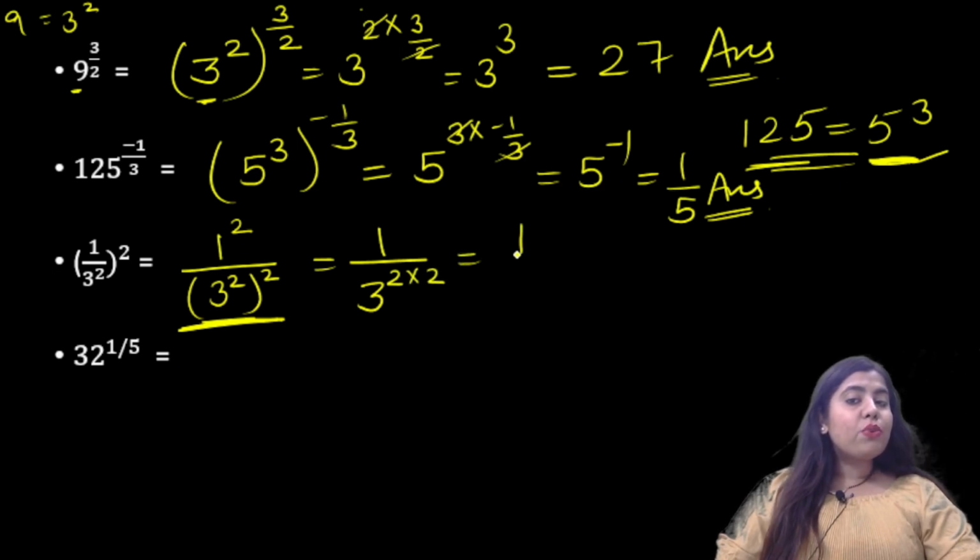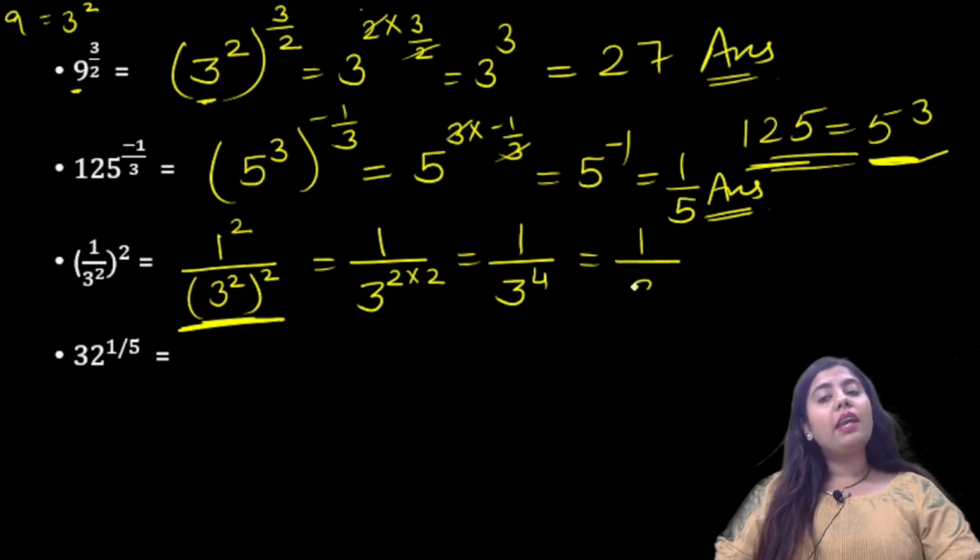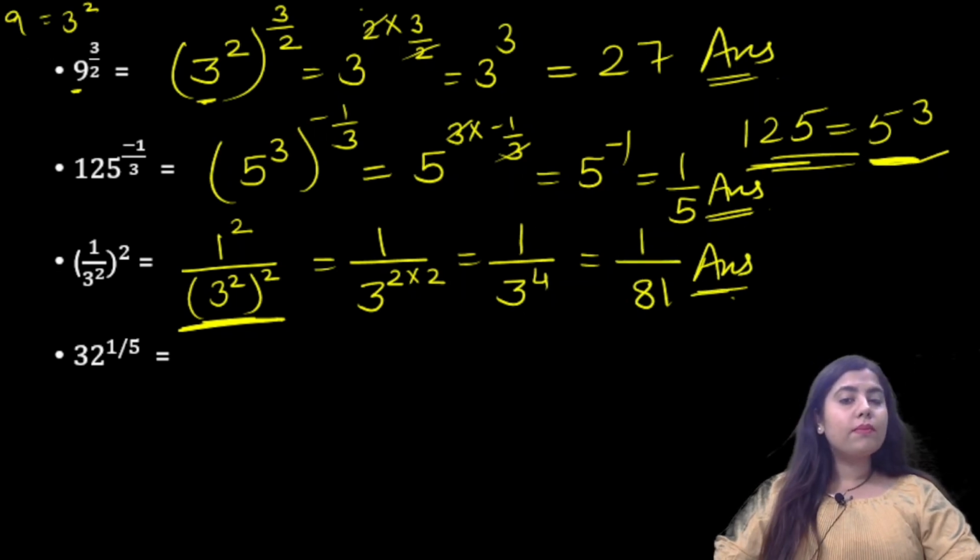So it is equal to 1 by 3 raised to the power 4, or we can write it as 1 by 3 into 3 is 9, 9 into 3 is 27, 27 into 3 is 81. So this is the answer. Clear? Now next is 32 raised to the power 1 by 5.